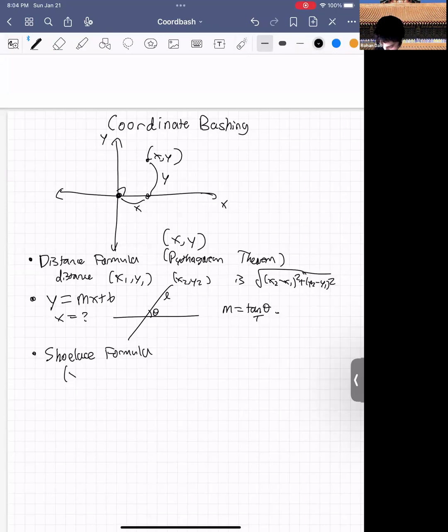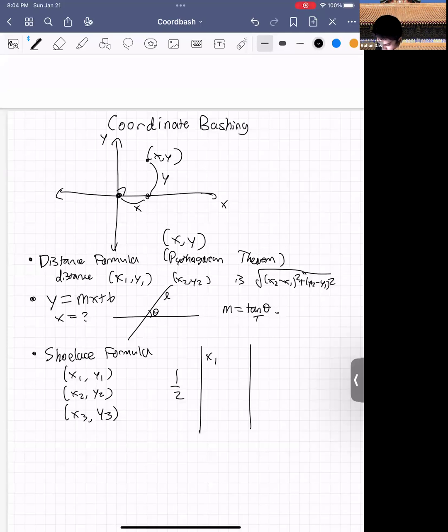If you have points (x1, y1), (x2, y2), and (x3, y3), then the area formed by these 3 points is 1/2 of, you can think of this as the determinant, but I will explain what it concretely is later.